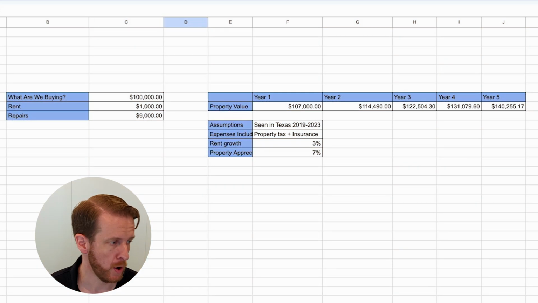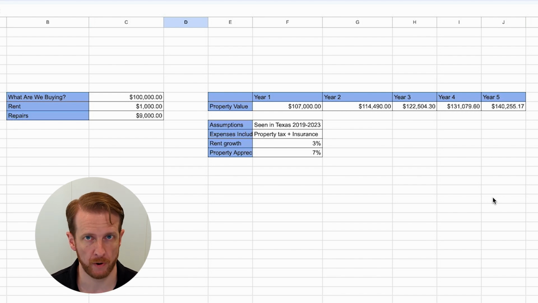As I mentioned, the goal of this is to show you both with debt and without debt how that ROI really changes, right? And also to show you the compound effect of the growth in return over time with real estate. So we're going to dive into here, what are we buying? And this is a fictitious property for $100,000. I know, you can't even find that really in Texas. It's just for easy math.